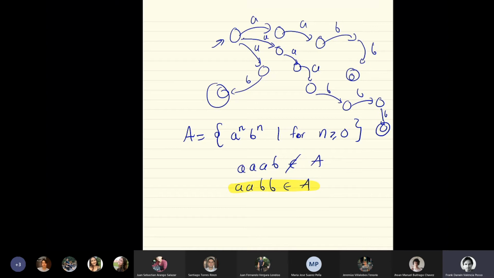But, Johan, if you want to recognize all the strings of the form a to the n, b to the n, do you think I can do it? Certainly, I cannot do it with this strategy, because then I will need an infinite number of states.